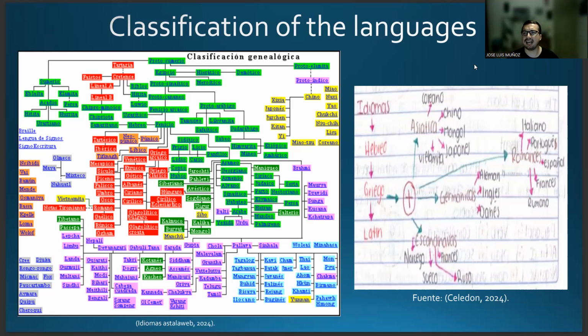There are any kind: the Asiatic languages, Korean, Chinese, Mongolian, Japanese, Vietnamese. We have the Germanic languages like German, English, Danish. We have Italian, Portuguese, Spanish, French, and Romanian. And in Scandinavia, we have Norwegian, Swedish, and Russian.